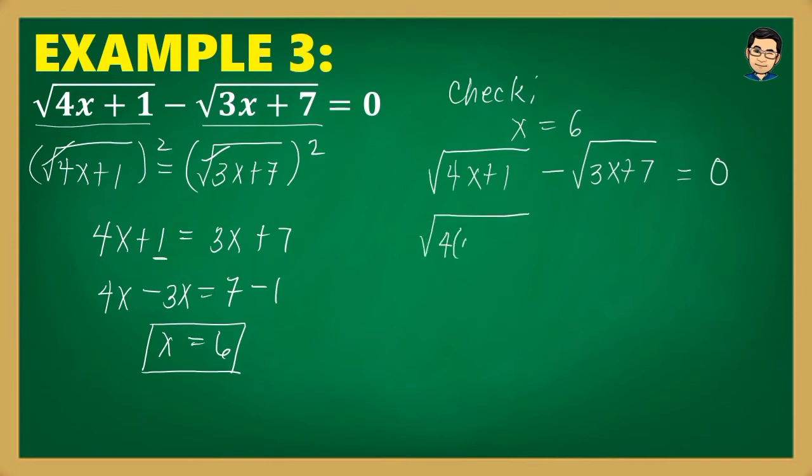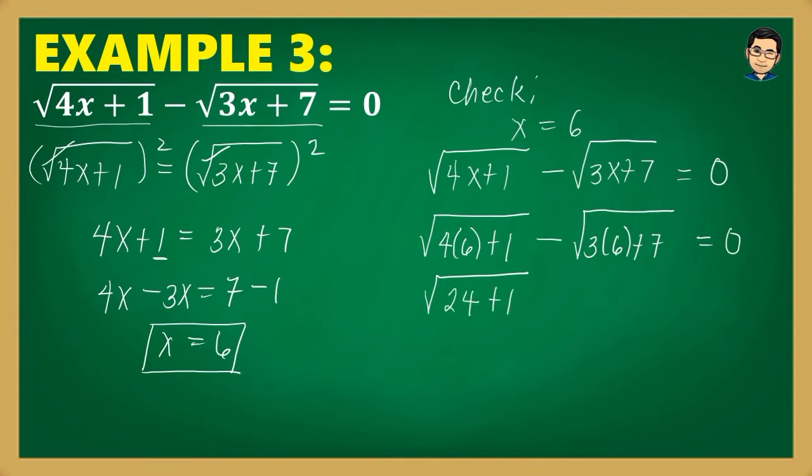The square root of 4 times 6 plus 1 minus the square root of 3 times 6 plus 7 equals 0. 4 times 6 is 24 plus 1 minus the square root of 3 times 6, 18 plus 7 equals 0.